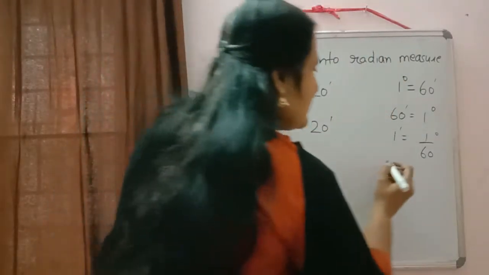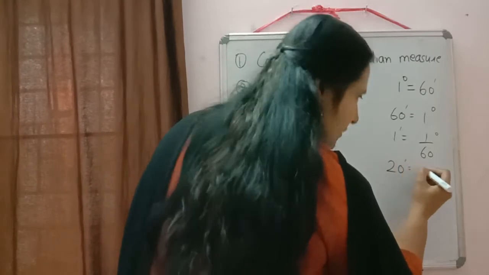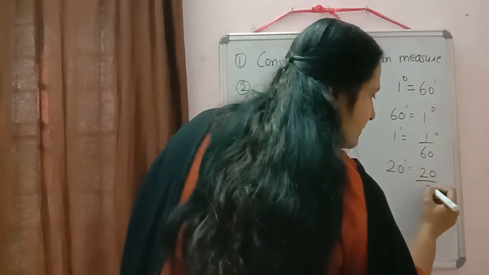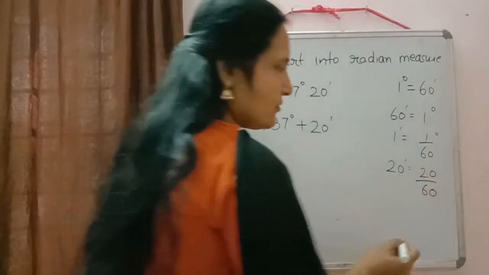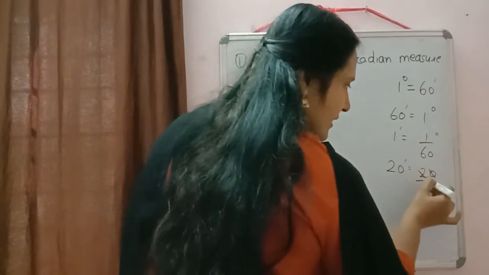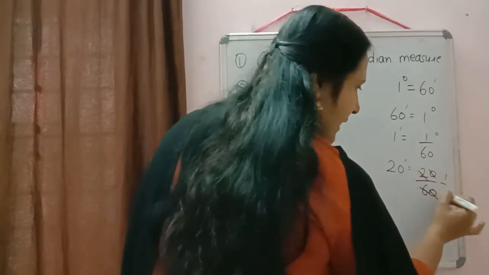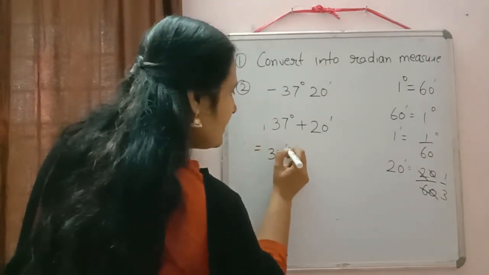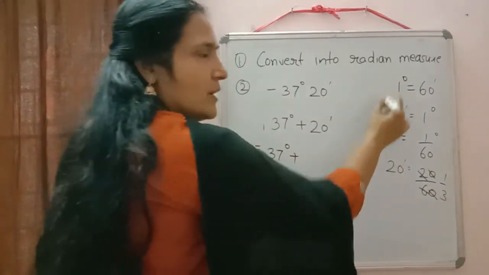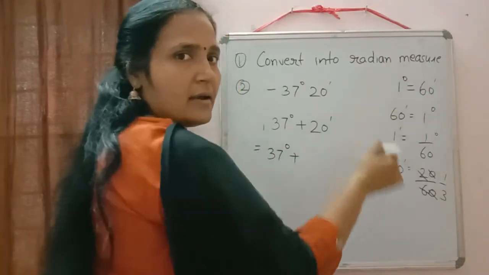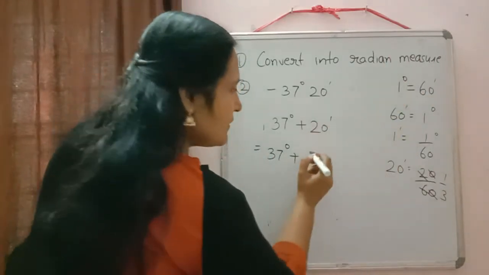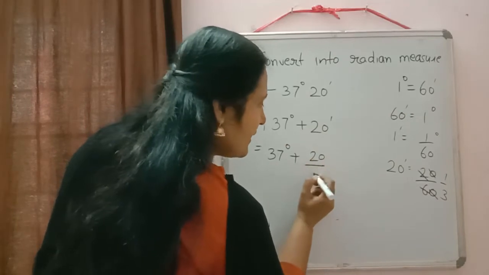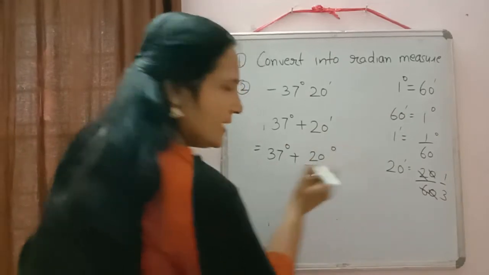Similarly, 20 minutes will be equal to 20 by 60 degree. So 20 by 60 we can cancel, and that will come to 1 by 3. So I am going to write here, this is equal to 37 degree plus 20 by 60 degree.